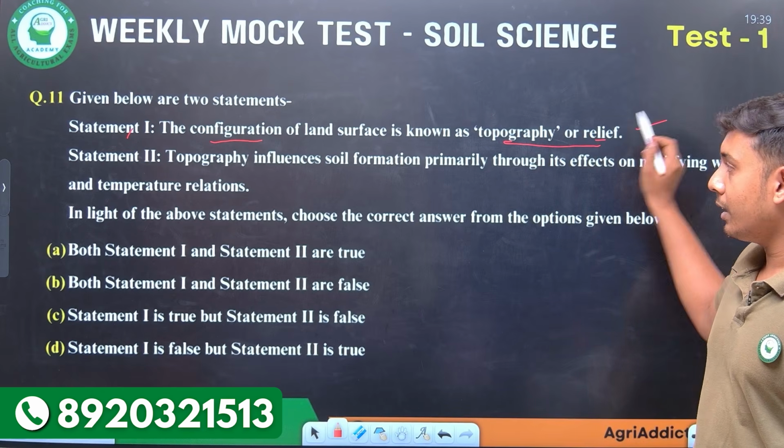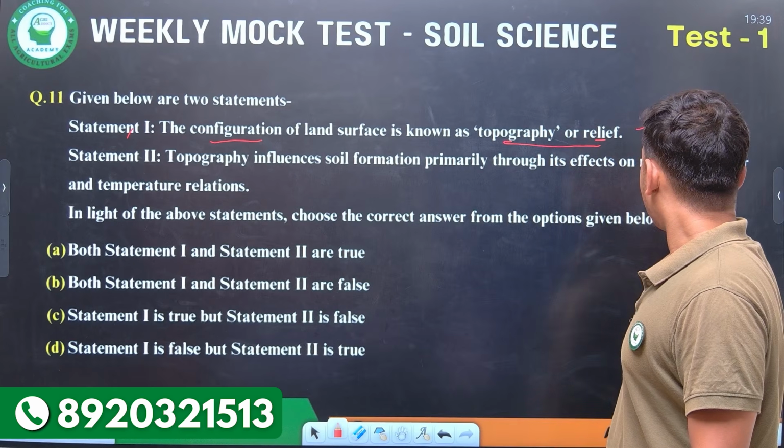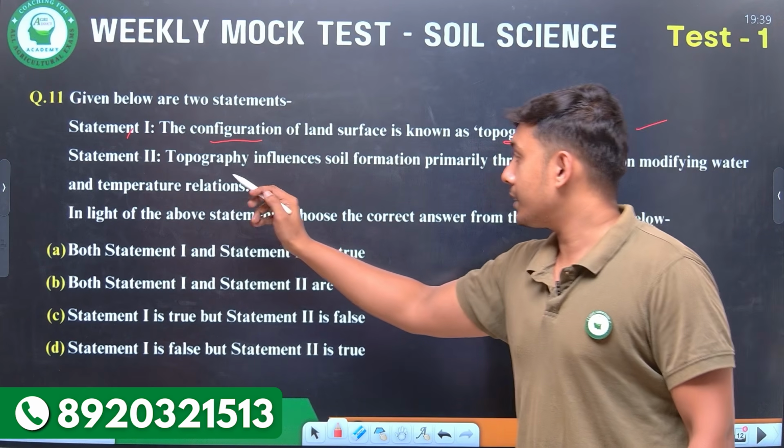It is right. Then comes: topography influences soil formation primarily through the effect of modifying water and temperature relations. This is also right.